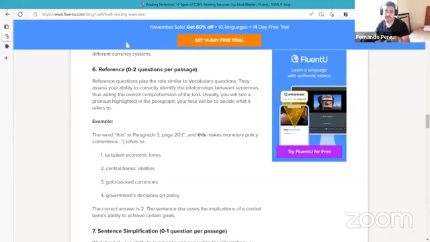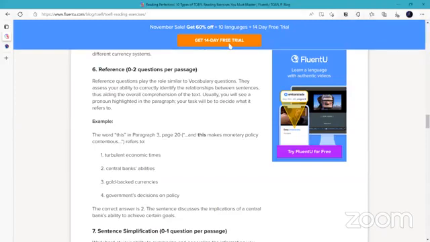Do you remember what a pronoun does? Why do we use pronouns in English? We can avoid repeating.